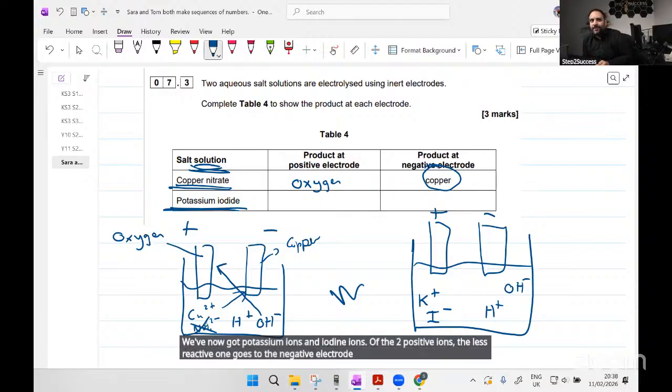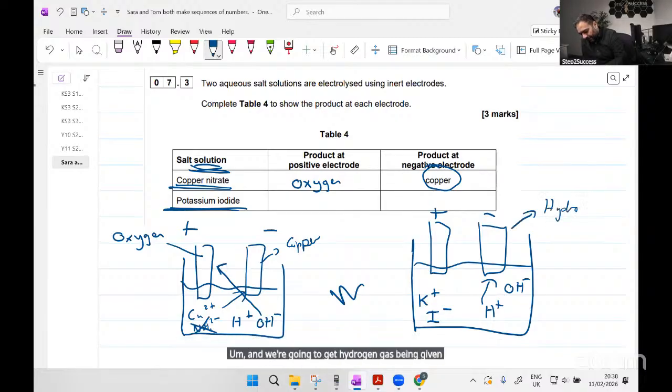Out of potassium and hydrogen, hydrogen's definitely less reactive. Potassium's in group 1, very reactive. It is definitely more reactive than hydrogen. So hydrogen is going to go to the negative electrode, and we're going to get hydrogen gas being given off here. Hence, the product at the negative electrode would be hydrogen.